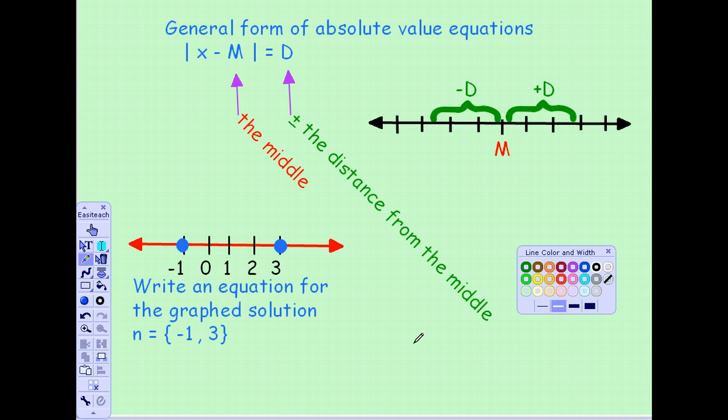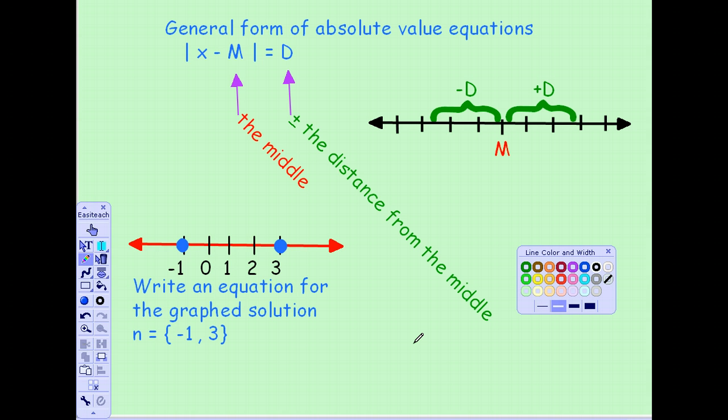So our general equation is the absolute value of x minus m. In this case, x is going to be our variable for our problems. M, we're going to take the m out and put the middle number on our graph in place of the m. So it's actually going to be x minus some number is going to be in there. And it's going to equal d.